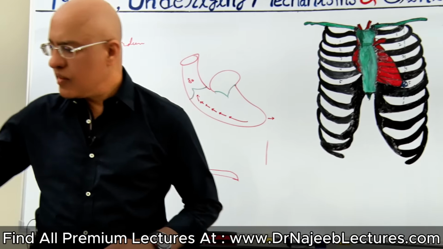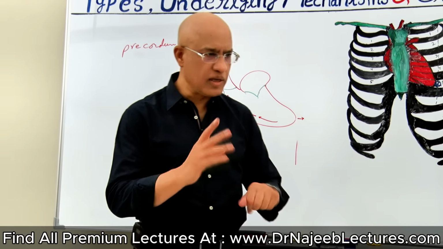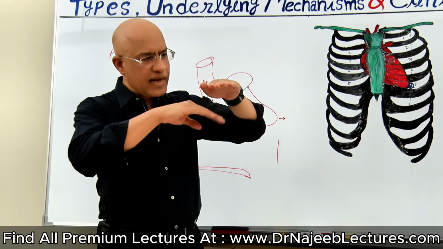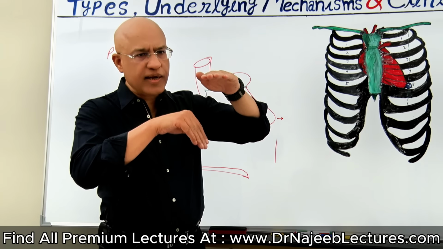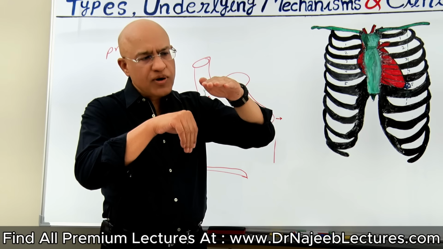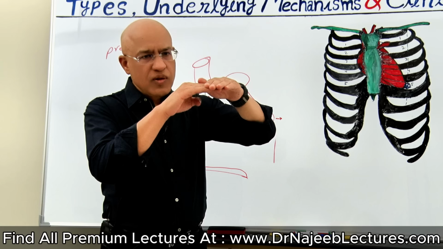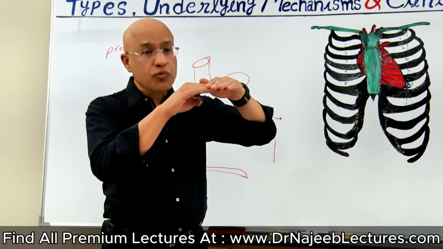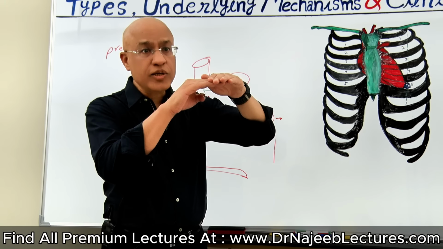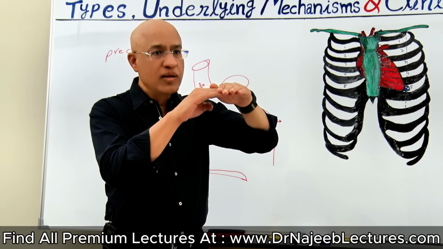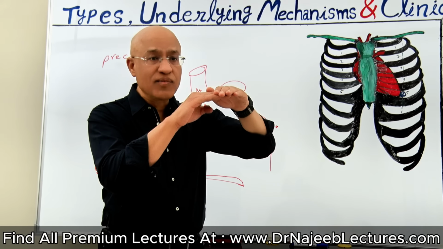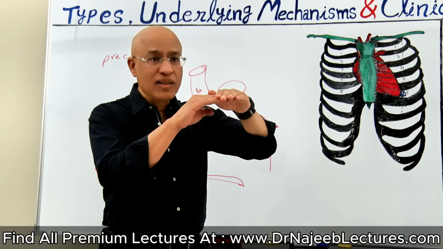Heaving apex beat means what? First, a simple analogy. If, for example, this is the chest wall, and the heart comes and hits here and goes back, right, this is the normal apex beat. But if the tip of the left ventricle comes and the contraction is so forceful that it heaves, it lifts the area where you are palpating for a while, what does it mean?